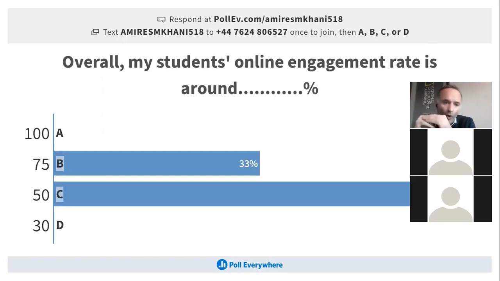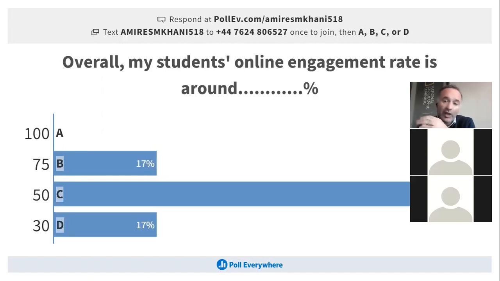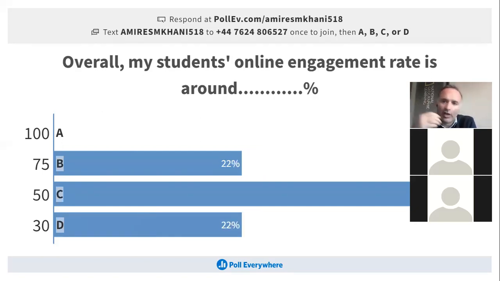We have more teachers with 50%, 30%. We don't yet have anyone with 100%, which is obvious, because if we had anyone with 100% student engagement, they wouldn't really be here with us today, because 100% engagement means that you don't have any problems in engaging your students.